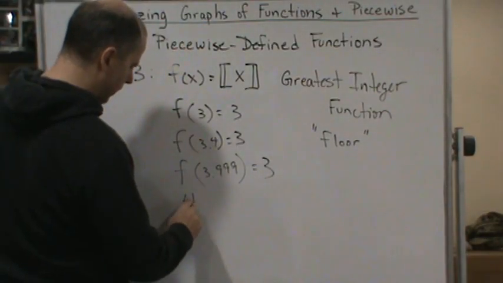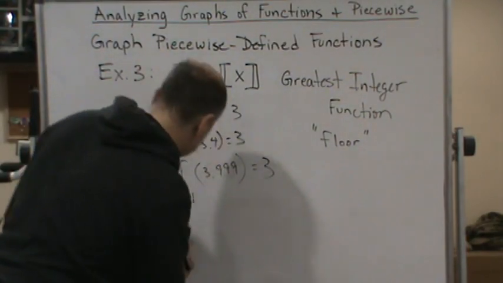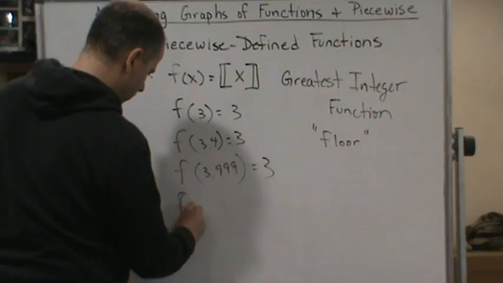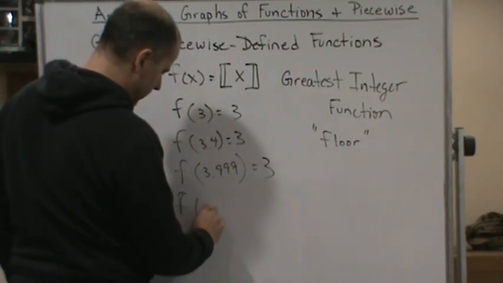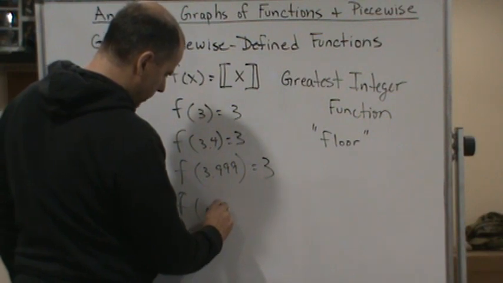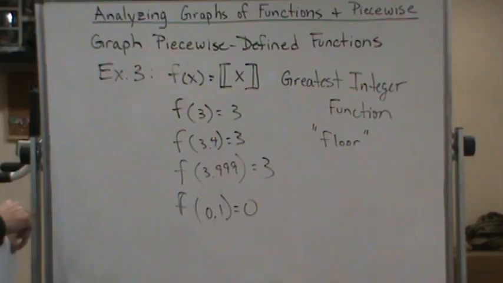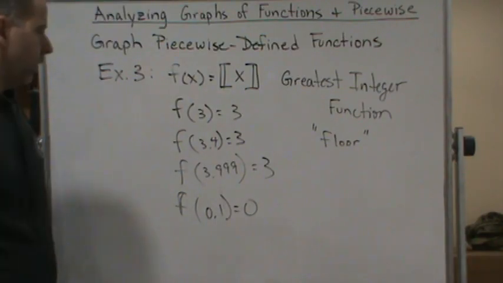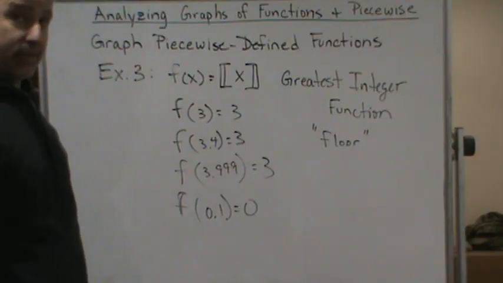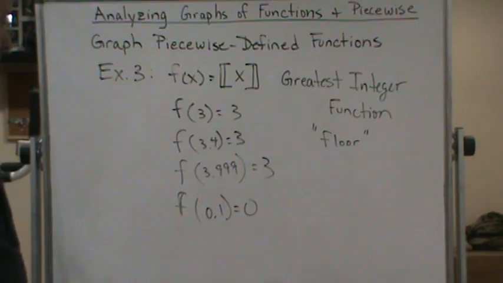If I put in f of, let's say, 0.1, that's going to give me 0. Okay? So it's going to give me the largest integer that is less than or equal to whatever I put in there. And that's how the greatest integer function works.